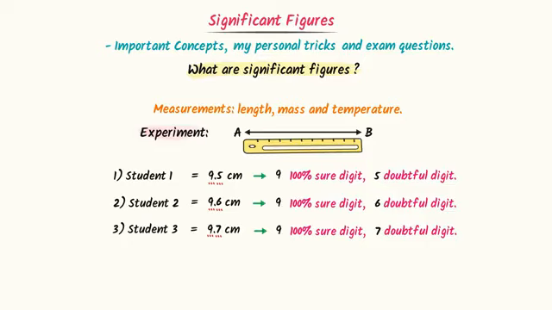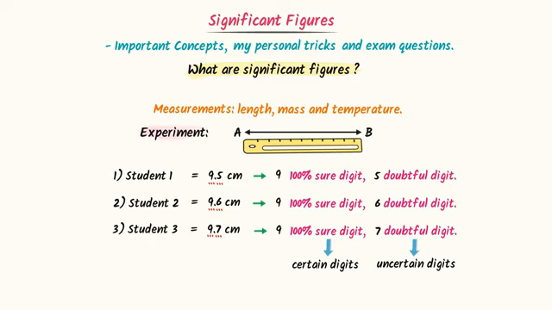Remember that by 100% sure digit, I mean certain digit, and by doubtful digit, I mean uncertain digit.